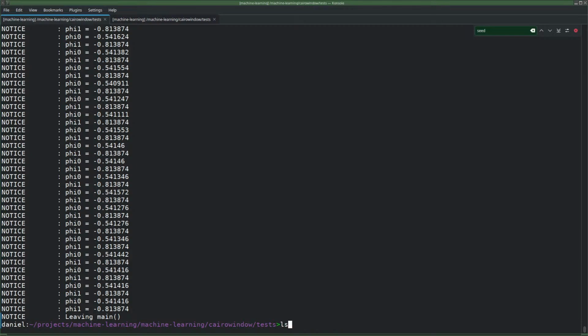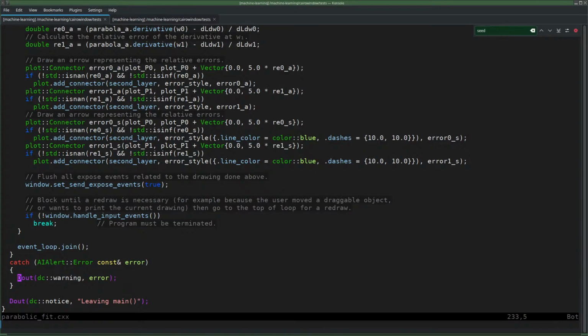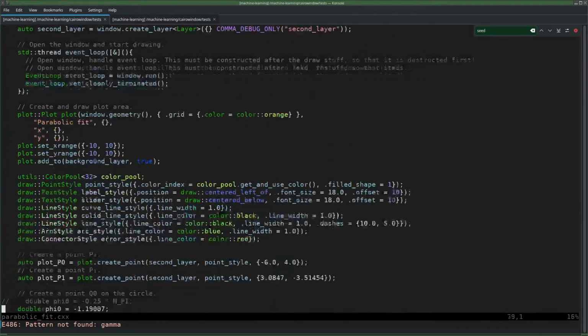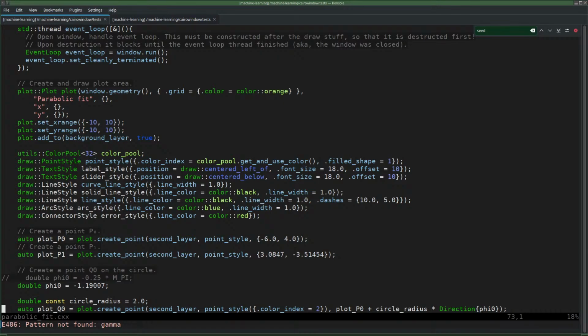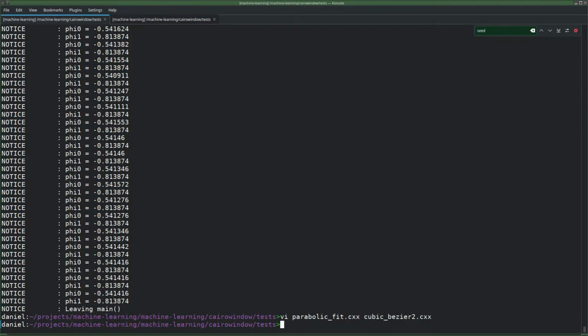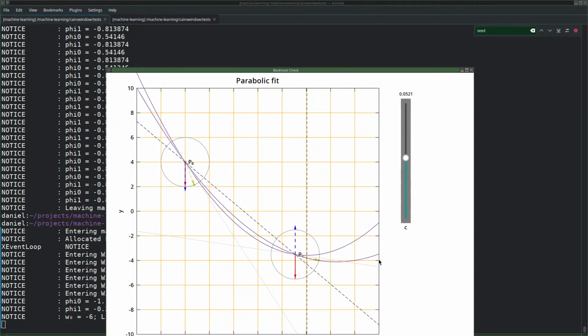Can I copy that from this one? Parabolic fit also had a gamma. No, I don't know. Apparently not. Nope.